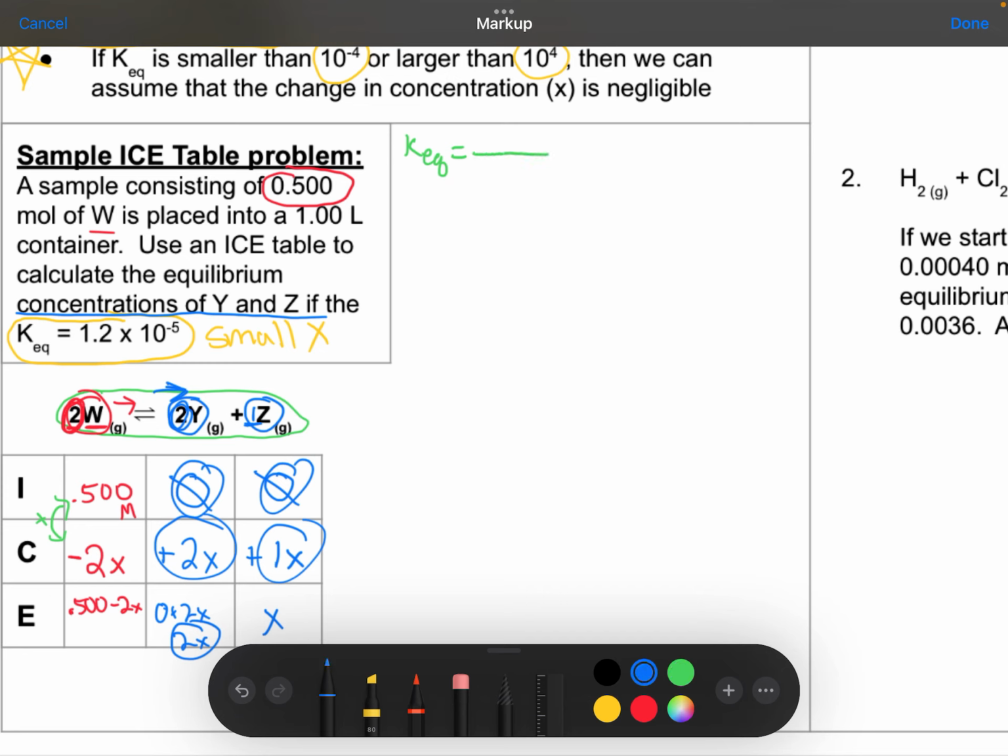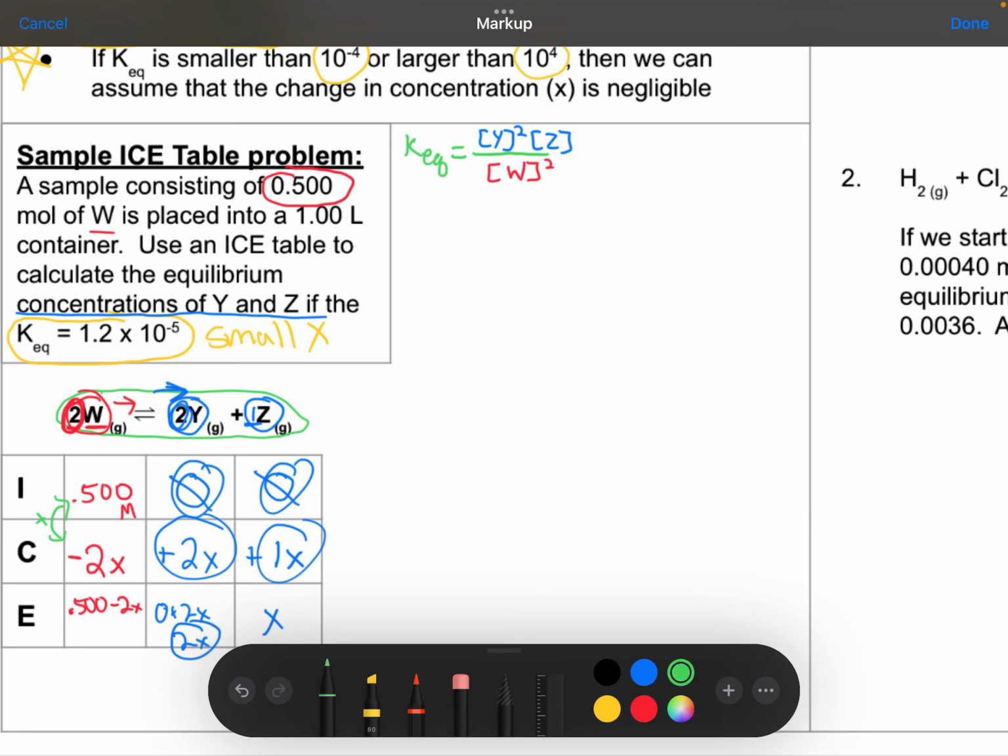So I'm going to put my products, my concentration of Y raised to the power of 2, because again, it has a 2 coefficient, times my concentration of Z, not raised to a power because it does not have a coefficient. And I'm going to divide that by my concentration of W, and it has a coefficient, so I'm going to raise that to the power of 2.